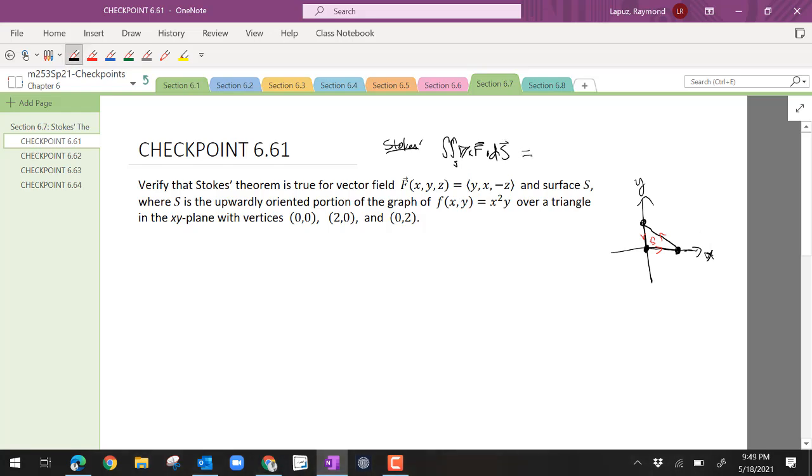And this can be replaced with a line integral, a single integral, over the boundary of S, and we'll use this notation for the boundary of S. And we're looking at not the curl of F, but just the original F vector dotted with dr, and dr is like the tangent circulation.